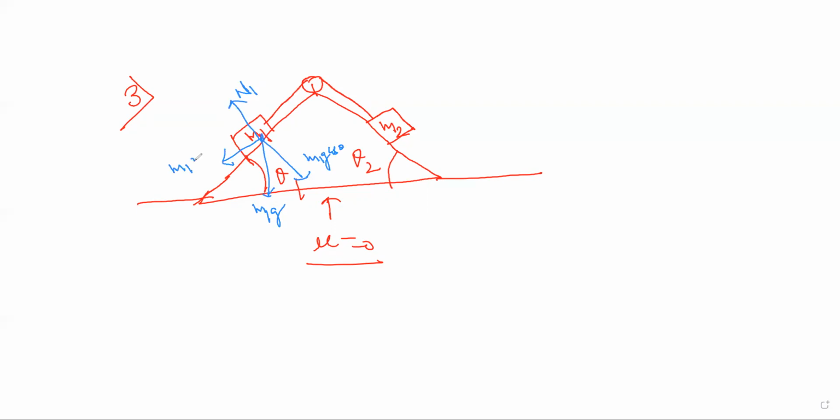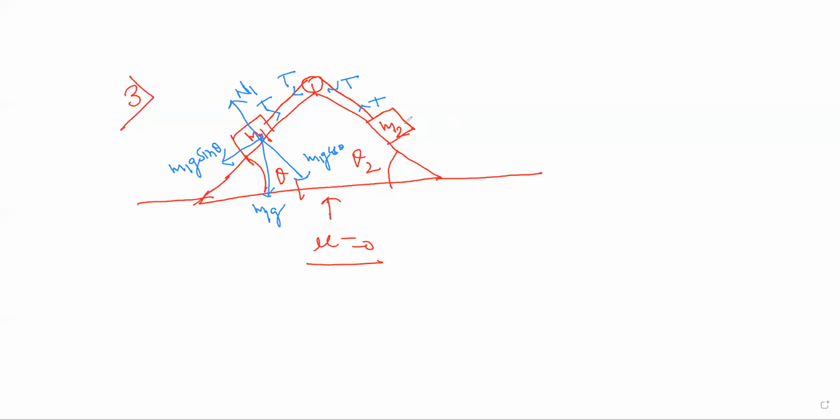Now we have taken T as the tension in the string, and I know that for a given string, if it is ideal and passing over a smooth ideal pulley, the tension will remain the same.